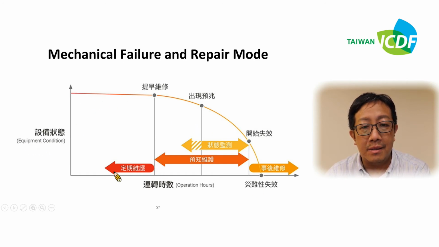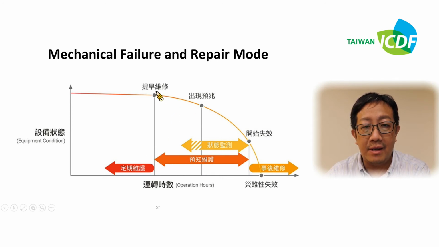Like here, we will have the periodic maintenance. Somehow, if we make the maintenance here, and the condition is going low, the sign is happening here, the system is failing here. So if you have the data collection and make the computation, you can see the status is going down here.